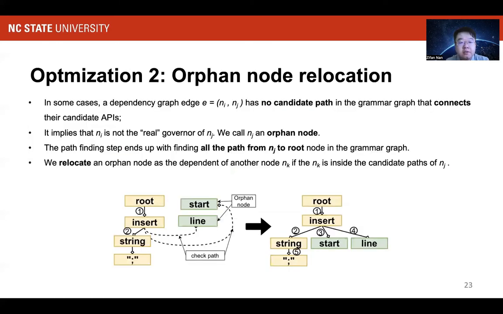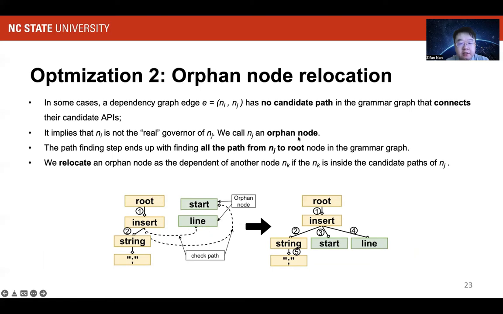And the second optimization is called orphan node relocation. This happens when the dependency graph gives us the error edges. So then this edge will end up with no candidate path that can actually connect the two nodes of this dependency edge, which means the governor is not the real governor of the dependent.